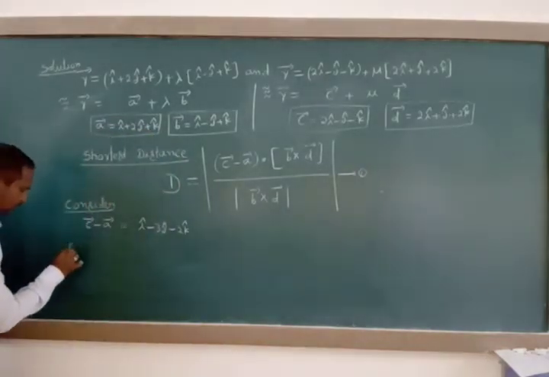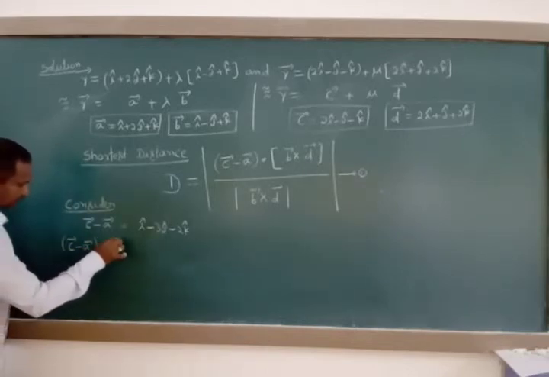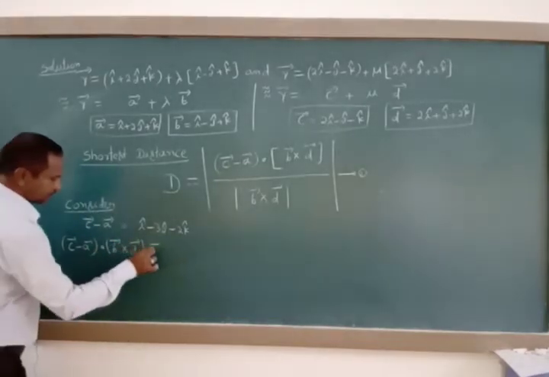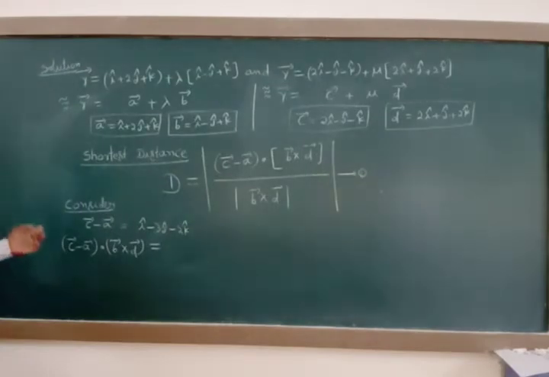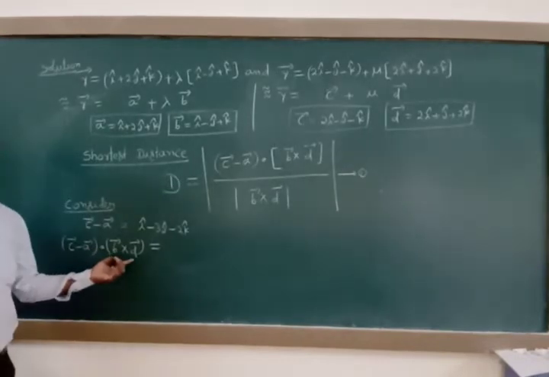Also, c vector minus a vector dot b vector cross d vector is equal to what? Here c vector minus a vector is one vector, b is one vector, d is one vector.